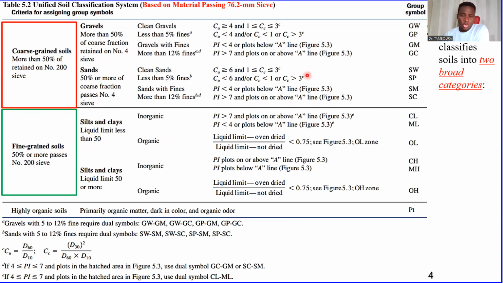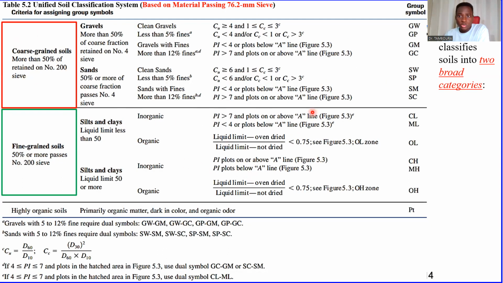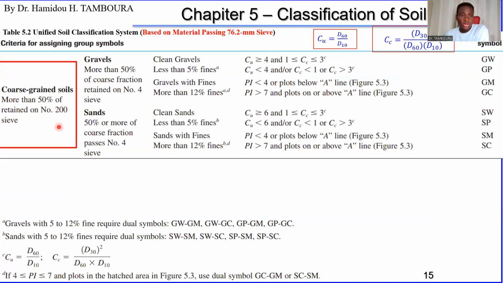So what we are going to do next is we will take these one by one and dig deeper to show you how you classify the soil. Okay, so I'm going to start with the first one. You see the color red, this red one, and after that the green one. So let's go with the red one.